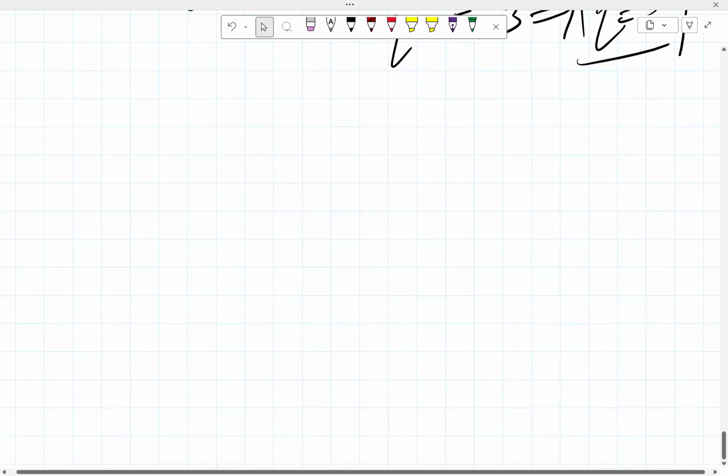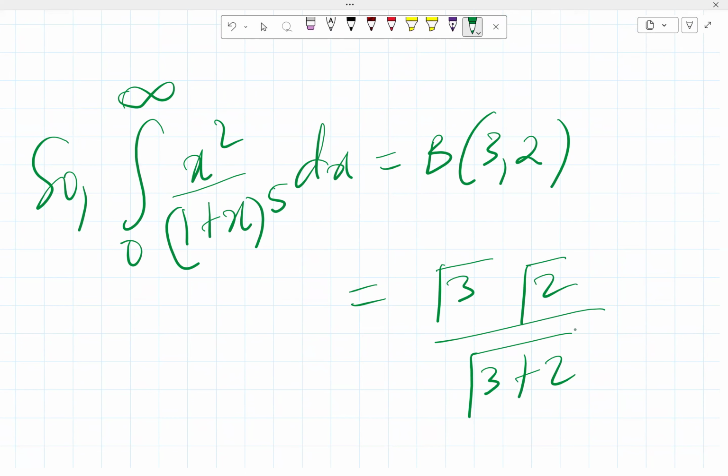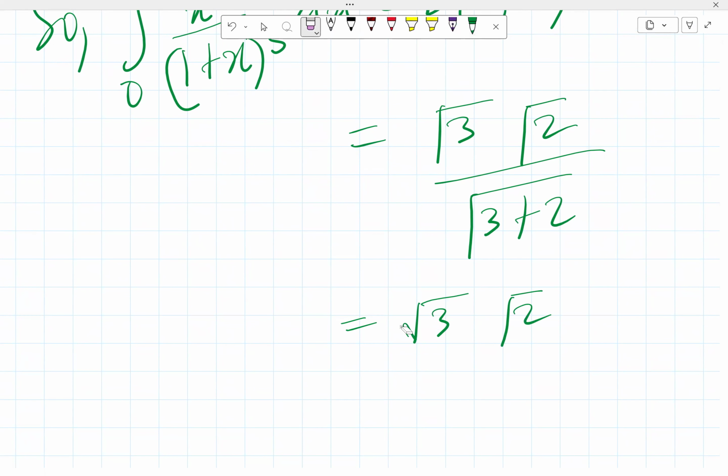So we can then say the integral from 0 to infinity of x squared all over 1 plus x raised to power 5 dx will have to be beta 3 comma 2. This is now easy, because we know beta 3 comma 2 is gamma 3 gamma 2 all over gamma 3 plus 2. So that is gamma 3 gamma 2, not square root, all over gamma 5.